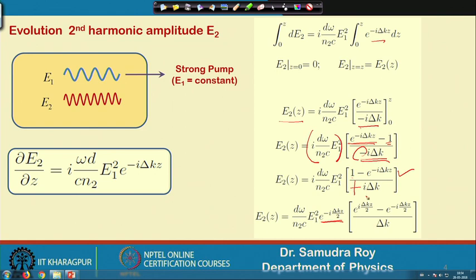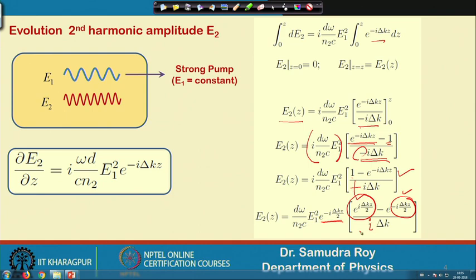When we multiply, one term will be e to the power plus i delta k z by 2, so that when you multiply with e to the power minus i delta k z by 2, we will have 1 here, and one e to the power i delta k z by 2 term will be still sitting here. So, we will have one term here and one term here with opposite sign, and delta k will be sitting here downstairs, with the i term.